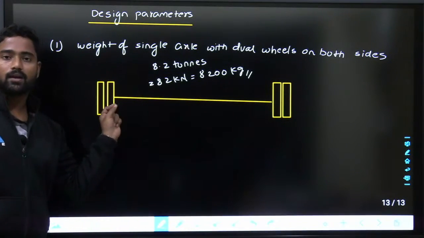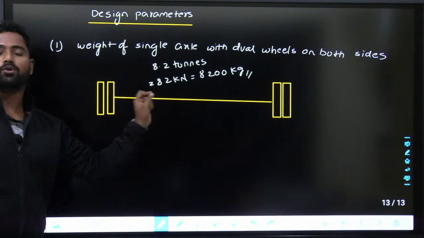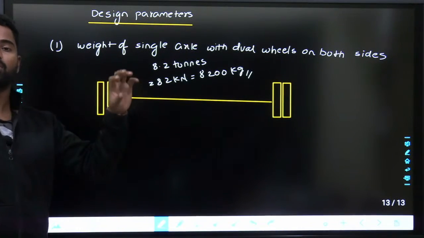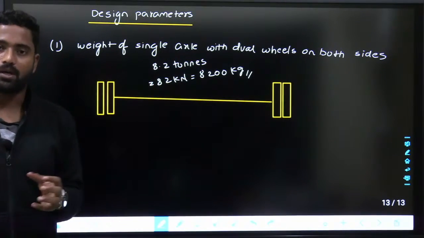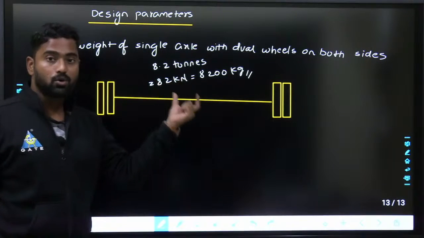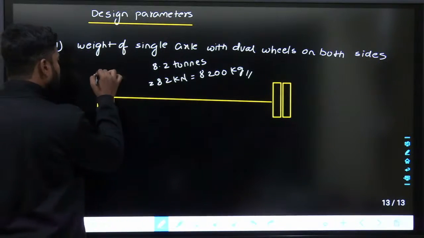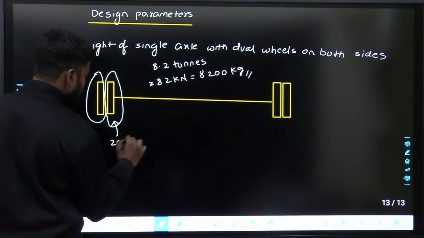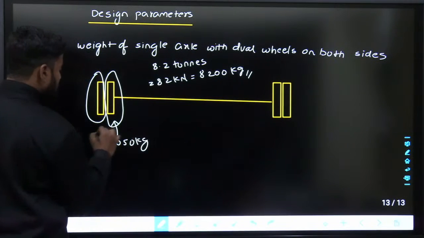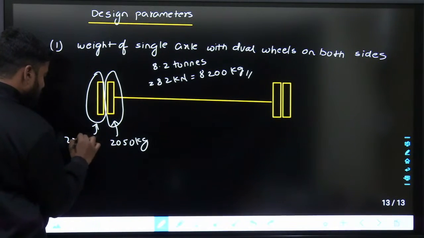So here we generally consider 8.2 tons, and not 10.2 tons, because if you consider 10.2 tons it will become uneconomical. So we will use 8.2 tons, which means the 4 wheels carry 8.2 tons, so each wheel would be around 2050 kgs. This will also be 2050 kgs.